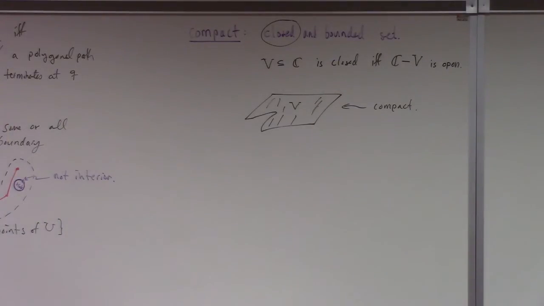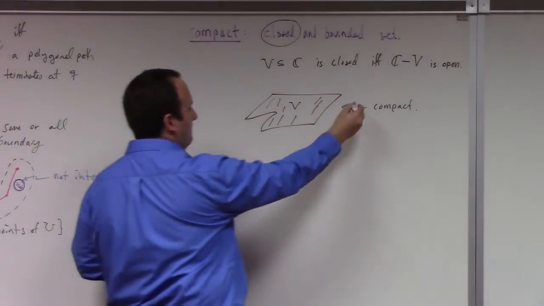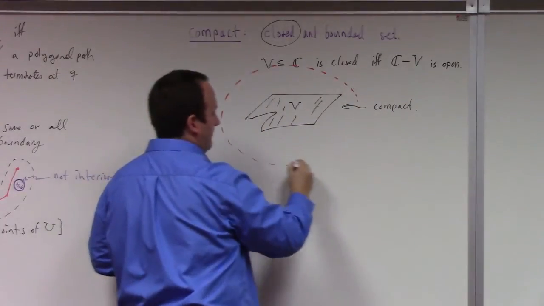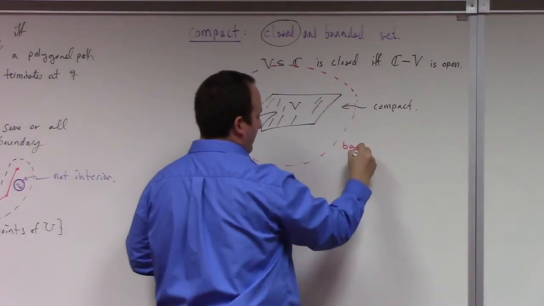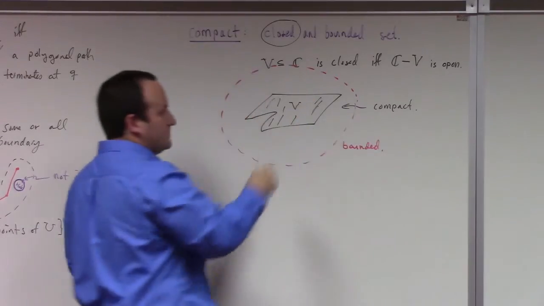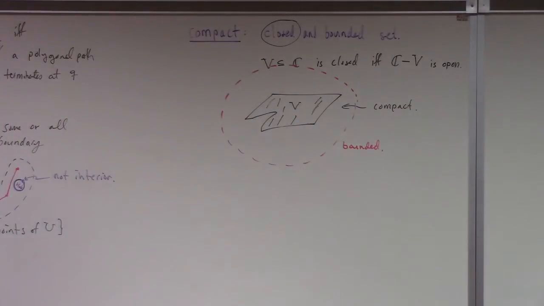Which means that when you delete that from the complex plane, you're left with something that goes off to infinity and it has a fuzzy edge, which means every point's interior if you think about it. And I can put it in a disk, so it's bounded by this disk. So compact: closed and bounded.